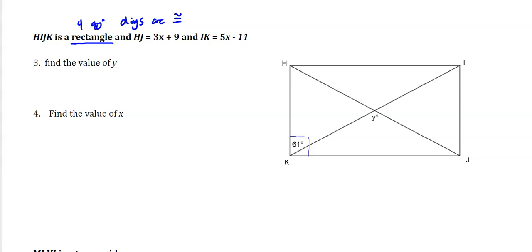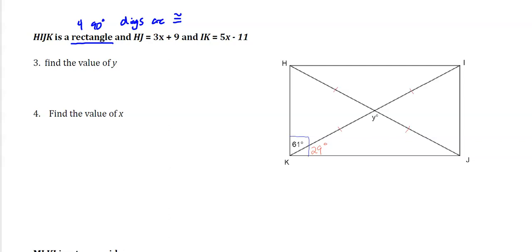So find the value of y. That's the first thing. Well, let's start working on these angles. If it has up to 90, 90 minus 61 is 29 degrees. So I got this corner locked down. Now, because the diagonals are congruent, and because of parallelograms, diagonals bisect each other, this piece equals this piece, which equals this piece, which equals this piece.